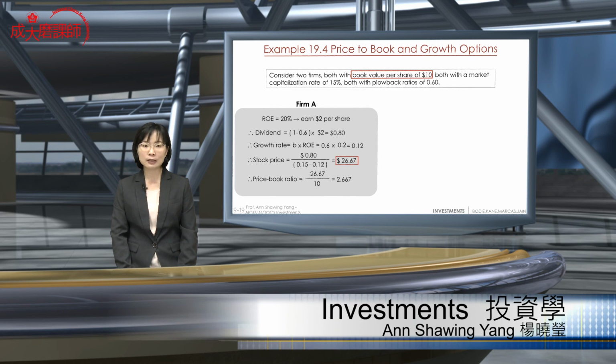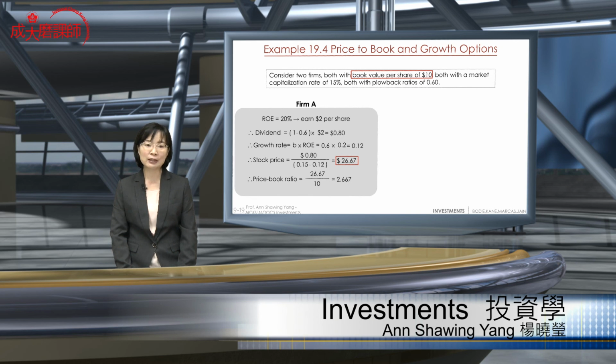And the stock price: we take the dividend divided by the capitalization rate of 15%. What is the market capitalization rate? It means that if you invest in the market, that's the rate of return that you should have. So the market capitalization rate of 15% minus the growth rate of the firm at 12%, the stock price should be 26.67.